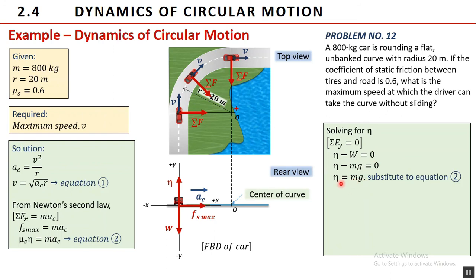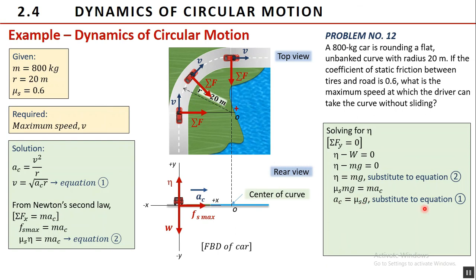Although we have the value of mass, which is 800 kilograms, we would rather not solve the value of the normal force; instead we substitute this into equation 2. Hence, equation 2 becomes mu sub s times m times g equals m times a sub c. So we can cancel out mass m, which means that the solution is independent of the mass of the car. So the centripetal acceleration is equal to the product of the coefficient of static friction and gravitational acceleration.